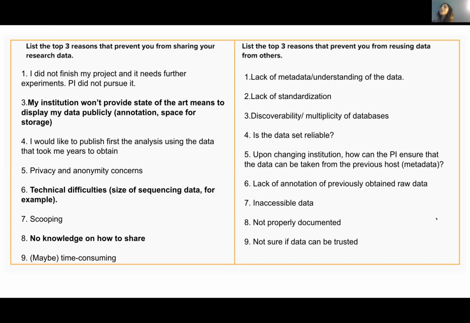How many times were we responsible for not taking care of these things when creating data and making a publication that uses data? How many times did we not worry about standardization and metadata and annotation and documentation?